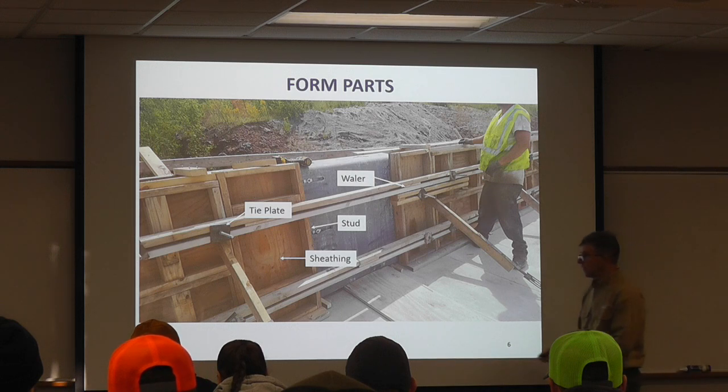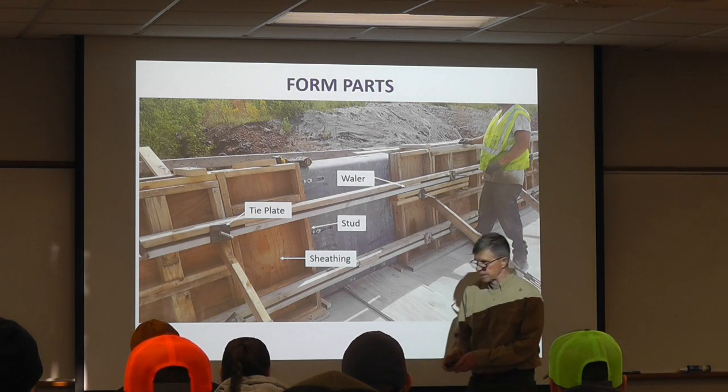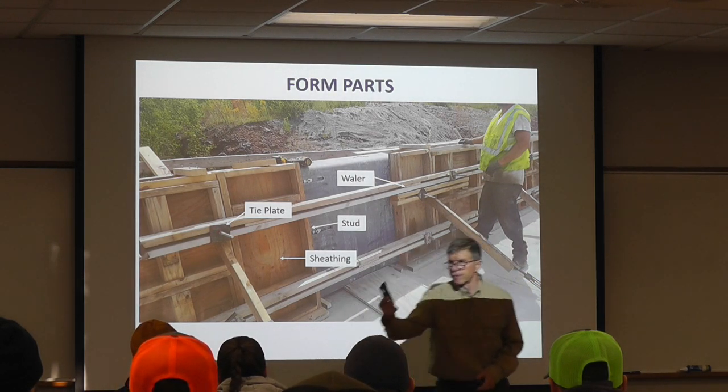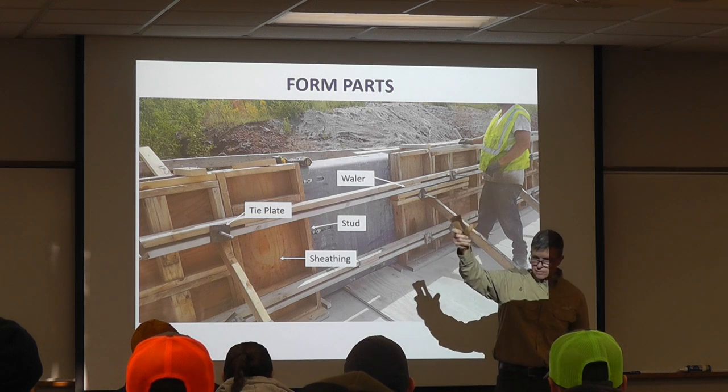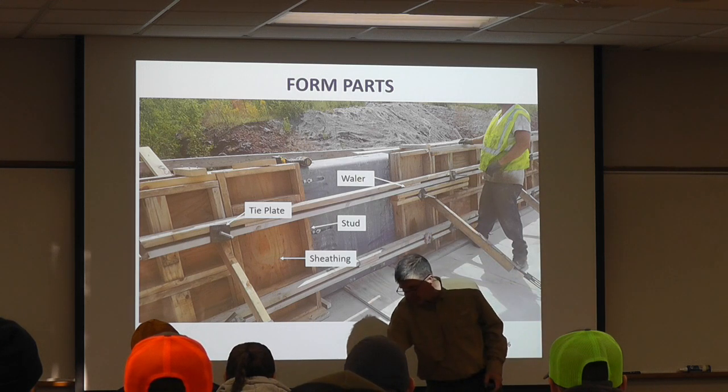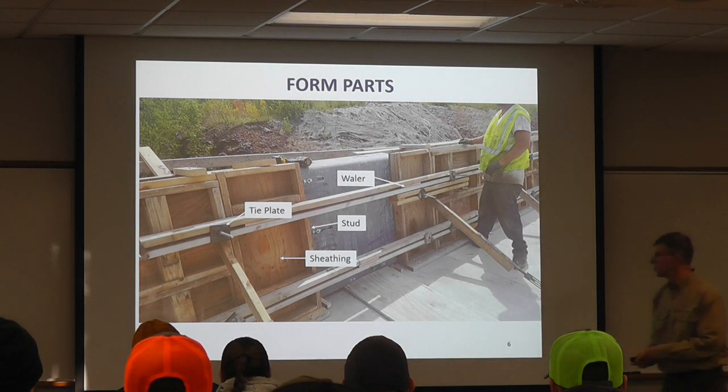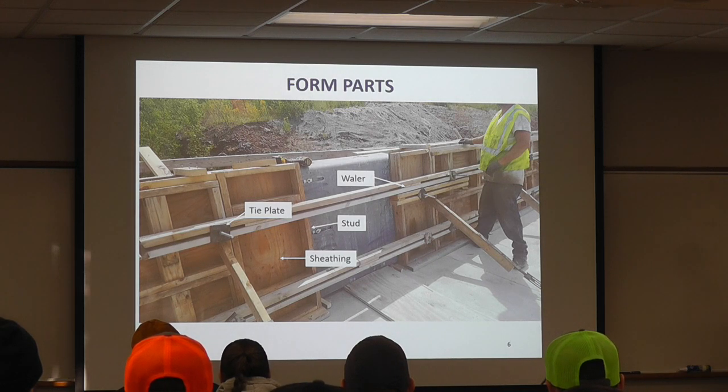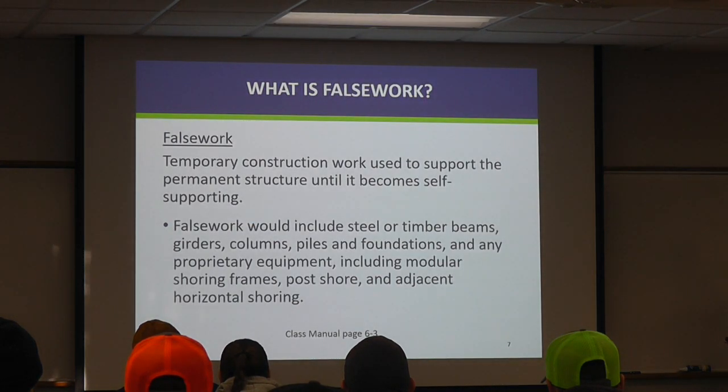So over here, there's a tie plate, or here's a little different example, different ways to put plates that you can use to connect your forms. But there's tie plates, there's sheathing. We're gonna talk more about sheathing and things like that.